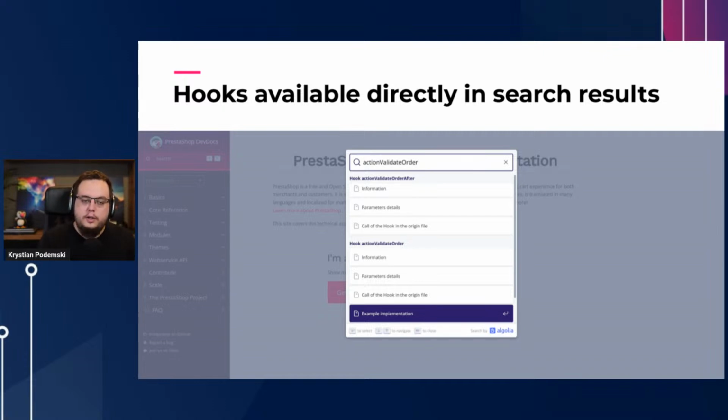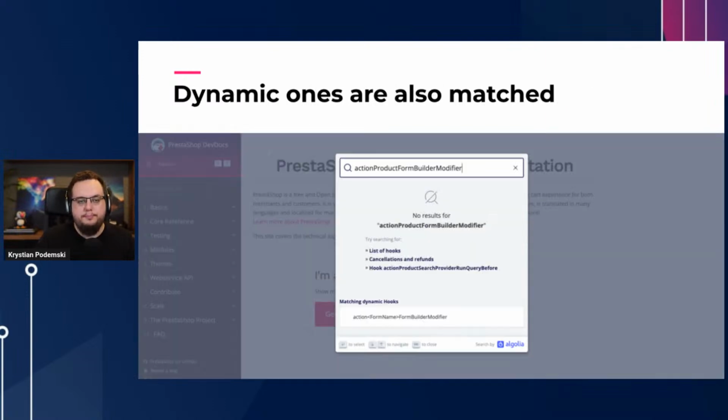I can click instantly to read more about this hook, to have parameters details, to see where the hook is being called, or for those hooks that have an example implementation, I can directly click on the example implementation result to see the example code that I could use in this hook.